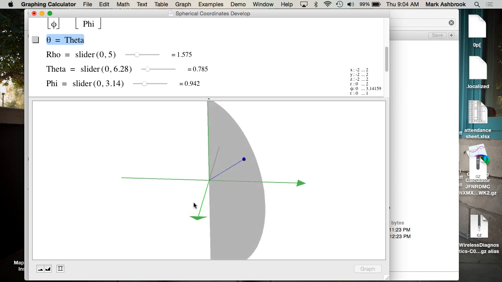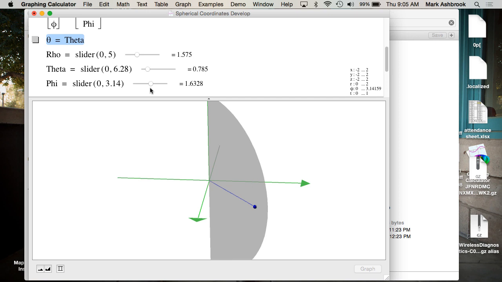So what are our ranges on these? Rho can be 0 to any positive real number. Rho equals 0 is the origin, and then you have any positive rho. And theta is going to go from 0 to 2 pi, and phi is going to go from 0 to pi, right? 0 would be the positive z-axis.